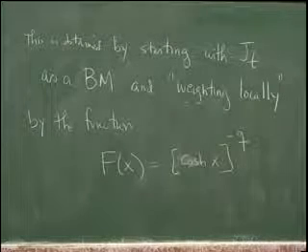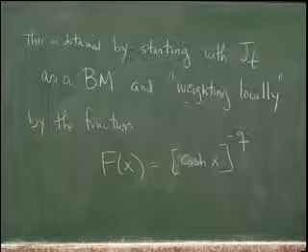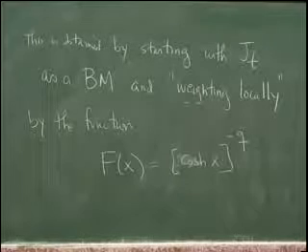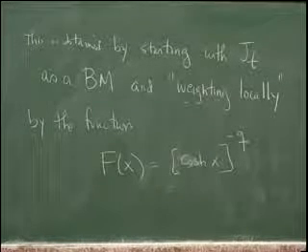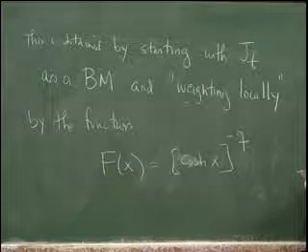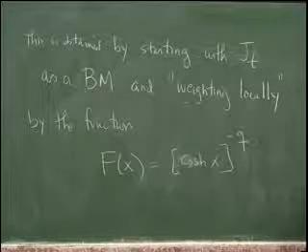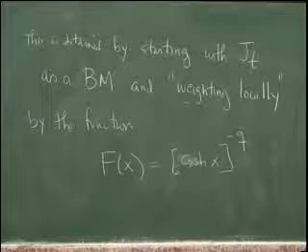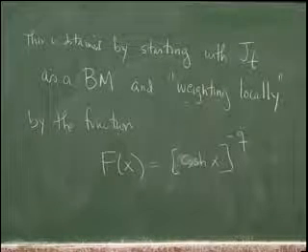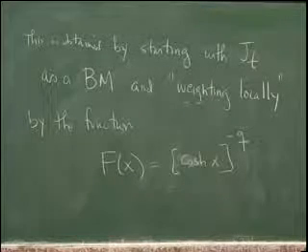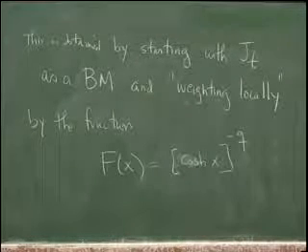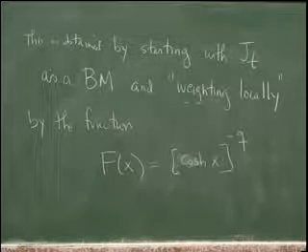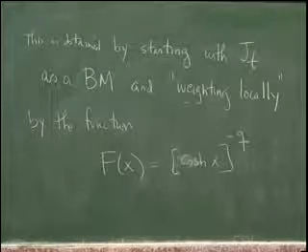So suppose J_t were a Brownian motion. Then for a function f, df of J_t is equal to f of J_t times f double prime over f of J_t.